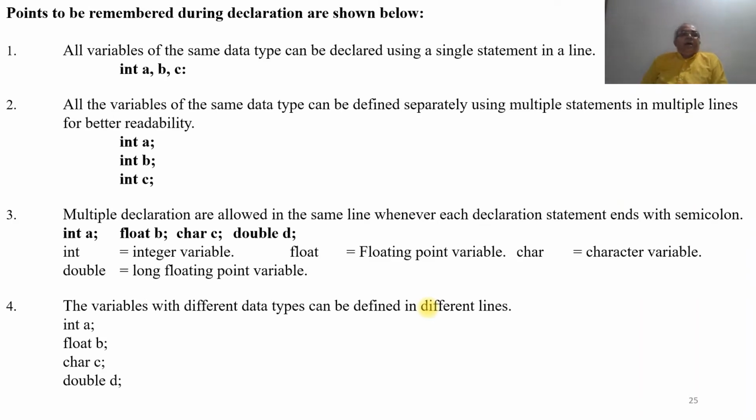Then the points to be remembered during the declaration. What are the points which you need to consider? Point number 1: all variables of the same data type can be declared using a single statement in a line. In the sense, if you have 3 variables, all of them integers, then int a, b, c semicolon can be used.